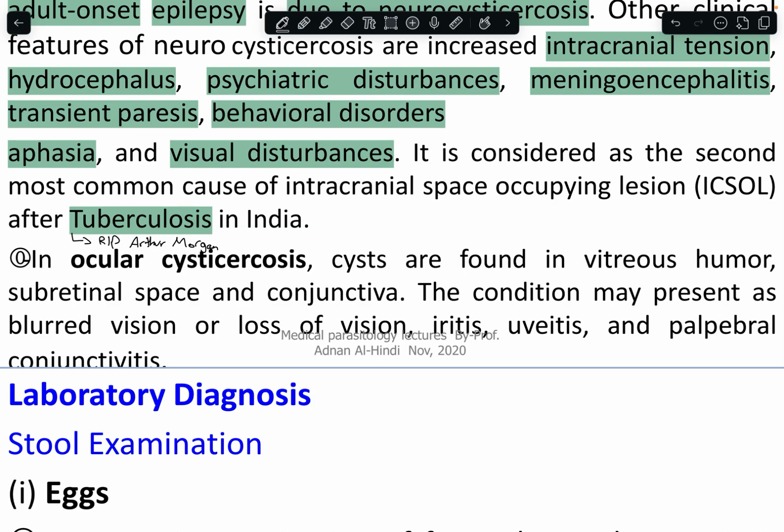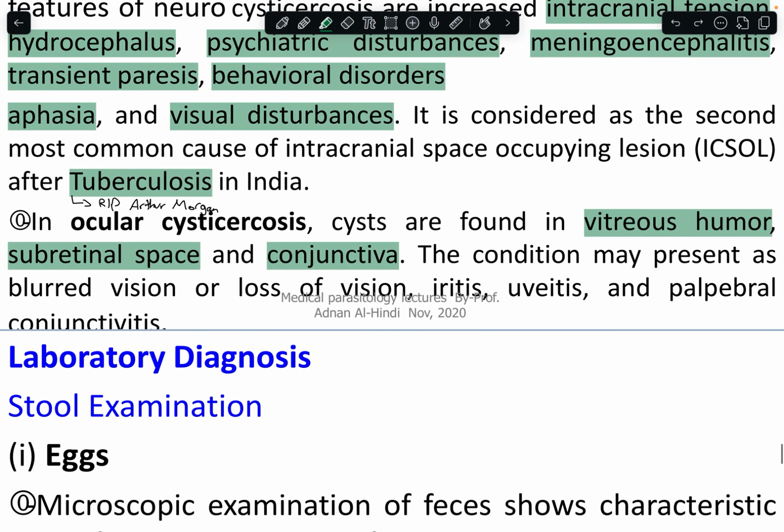In ocular cysticercosis, cysts are found in the vitreous humor, subretinal space, and conjunctiva.